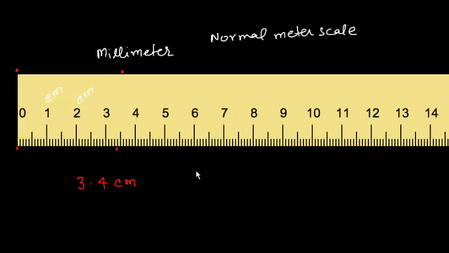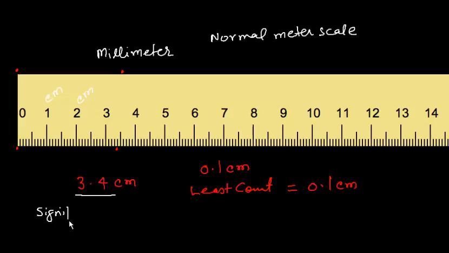We can say that this can measure up to 0.1 centimeter. So the least count of this ruler will be 0.1 centimeter. However, in this measurement we have two numbers, 3.4.